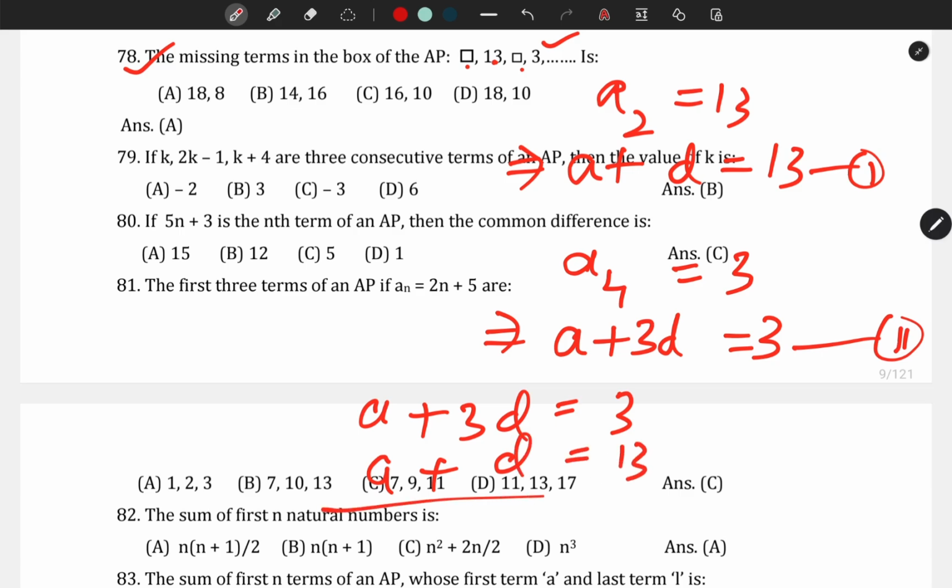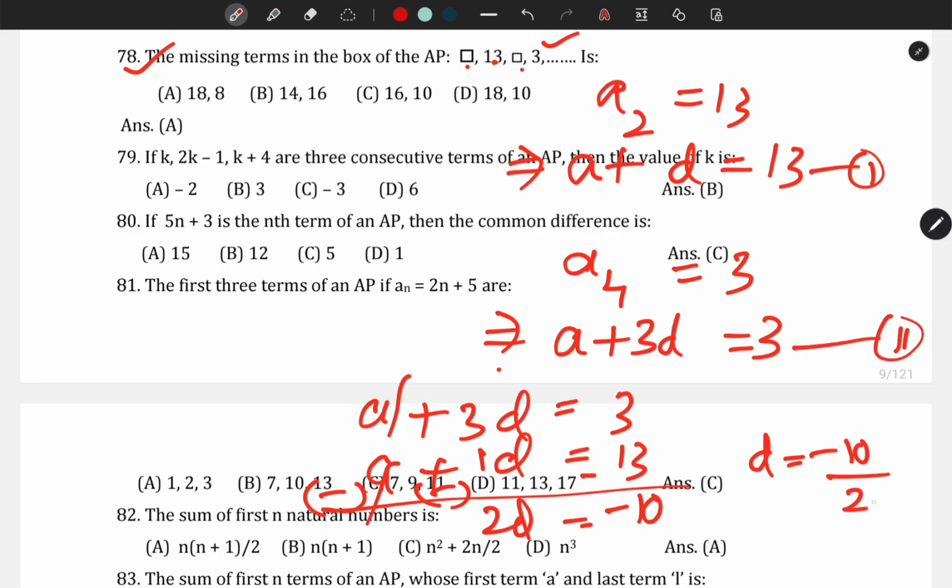If we subtract, a will cancel, 3d minus 1d will be 2d equals 3 minus 13, which is minus 10. So d will be minus 10 divided by 2, which is minus 5.